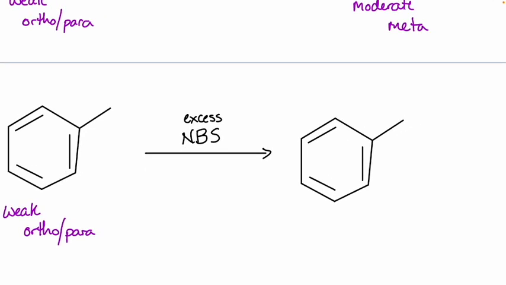We would brominate that benzylic position, right? But if we had a huge excess of NBS, we would get a fully brominated methyl group. So now all three of these bonds are going to be bromines.